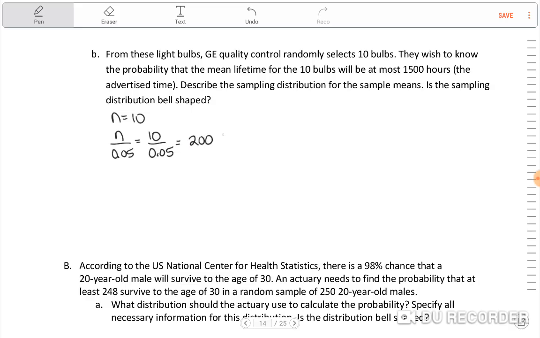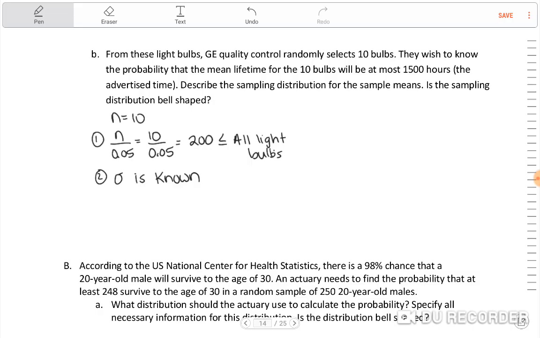And so the population of all light bulbs is definitely greater than or equal to that. Okay, we got that one requirement there. What's another requirement that we need? Population standard deviation is known. So sigma is known.